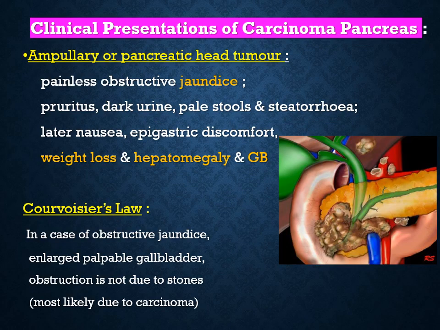Now, what is the clinical presentation of carcinoma of the pancreas? Again, this depends on the site of the tumor. The most common site, as I said, is the pancreatic head and the ampullary region. In this diagram, this is the periampullary region and the pancreatic head.